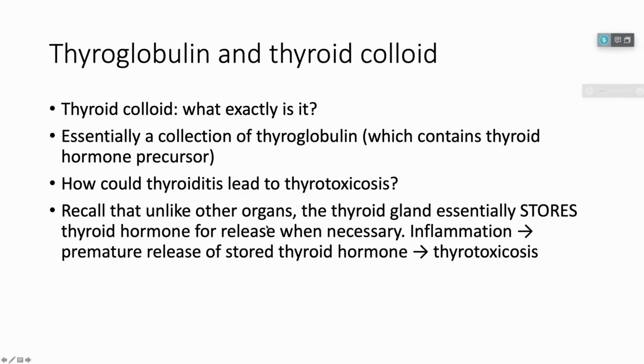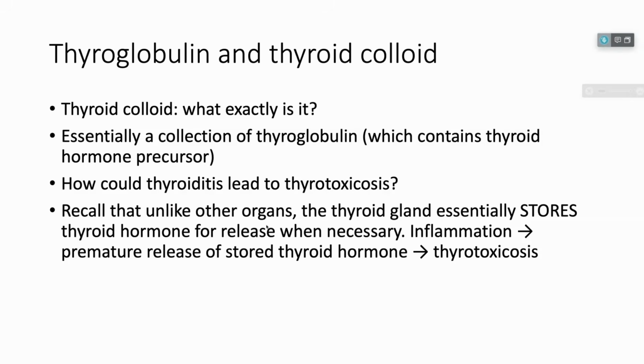So the idea, right? Unlike other organs, the thyroid gland stores a ton of thyroid hormone. Other organs have a little bit in vesicles, but the thyroid stockpiles thyroid hormone in the form of thyroglobulin that makes up the colloid, right? And so when you get inflammation, I don't know exactly why, I assume it's because you have proteases in neutrophils and macrophages, right?